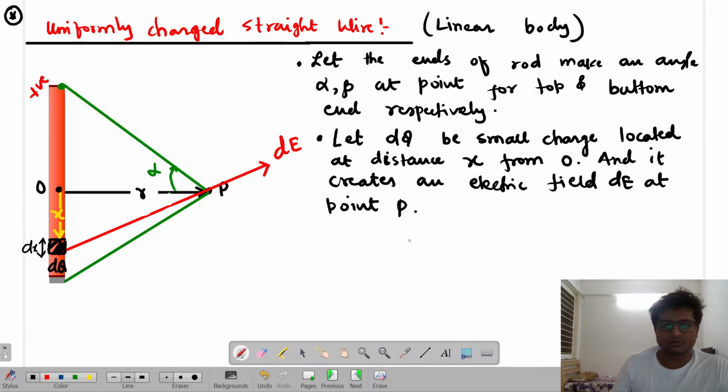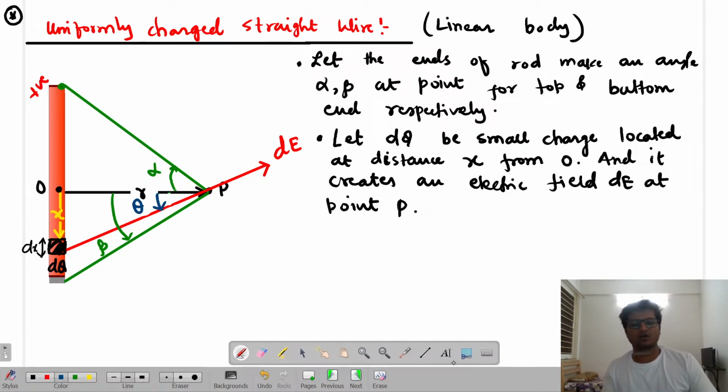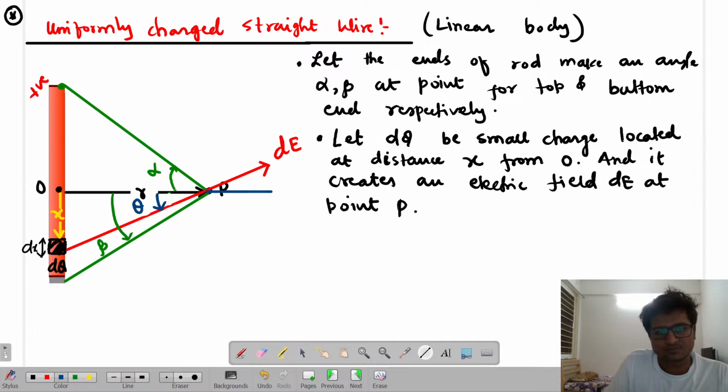तो ध्यान से देखो, अब सोचो जरा, मान लेते हैं कि ये तो एंगल हमें पता है कि this angle is beta, isn't it? But the angle which this dq is making with r, I call this as angle theta. Is that clear or not? That's my theta. Now look over here.